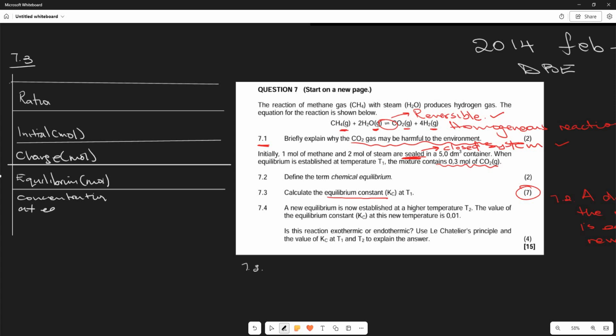Concentration at equilibrium, C, is equal to n over V, which is measured in moles per dm cubed.